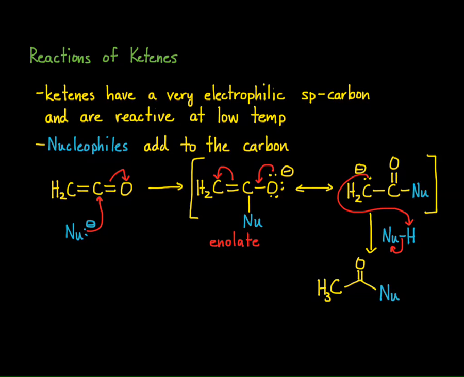So ketenes can be used to make carboxylic acid derivatives, basically, right? If my nucleophile is an alcohol, ketenes can make esters. If my nucleophile is an amine, it can make amides. If my nucleophile is a thiol, it can make thioesters, and so on and so forth.